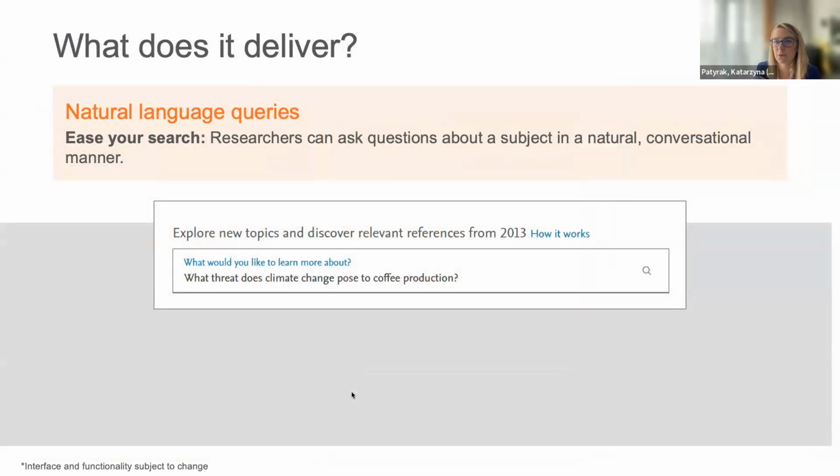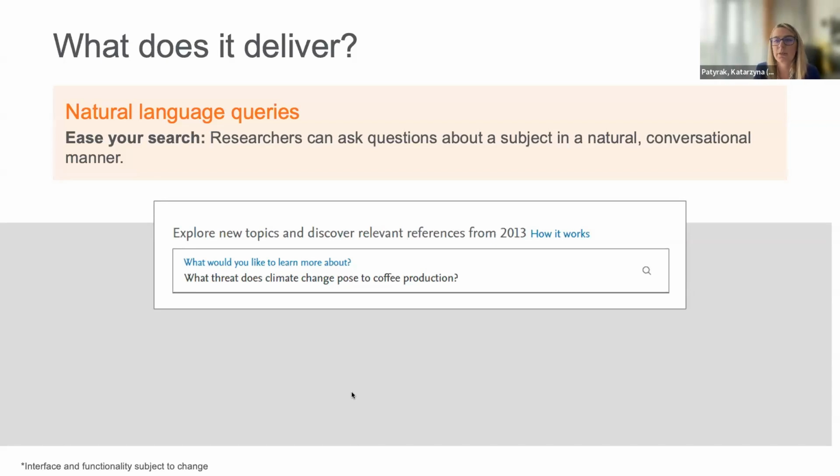When you enter your query, you can use natural language and frame it however you would like. We have a sample question here, which is: what threat does climate change pose to coffee production? This question is being analyzed. It will go through the Scopus AI vector search, which interprets the intent and meaning of the query. Then it will look at Scopus abstracts published since 2014 to find the ones that best answer the question.